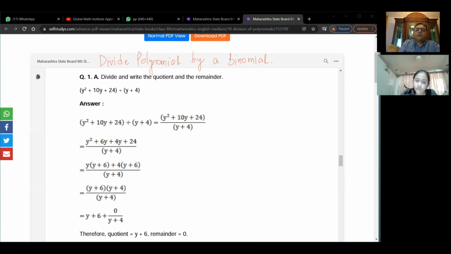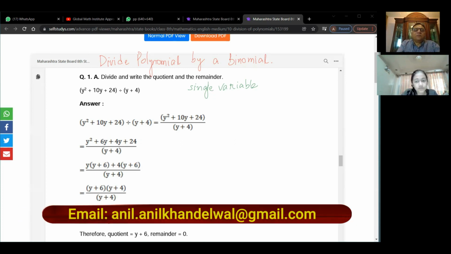You'll note that there is only one variable, y in this case, right? So we'll say single variable. You understand what polynomials are? Always you have to write polynomials in correct order, that means from highest degree to lowest degree. They have written y square plus 10y plus 24, and we have to divide that by y plus 4, correct?